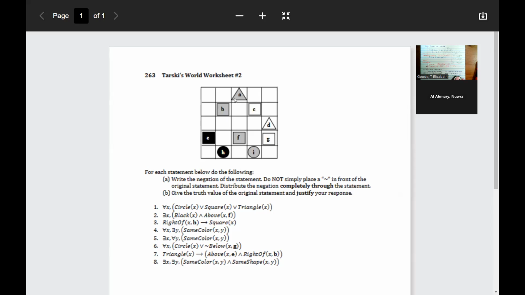But A, C, D, F, G, and I are all to the right of both B and H. In fact, they're all also to the right of E.